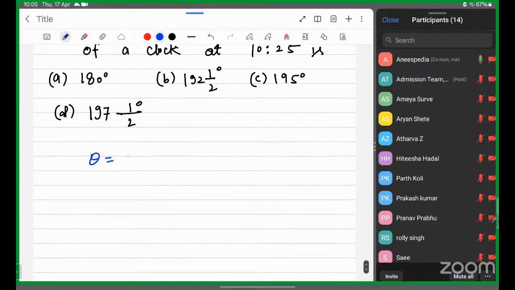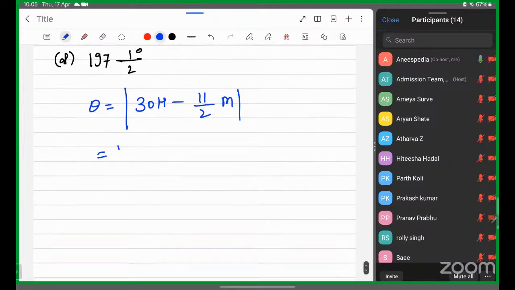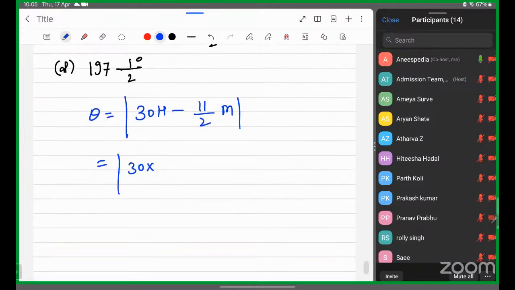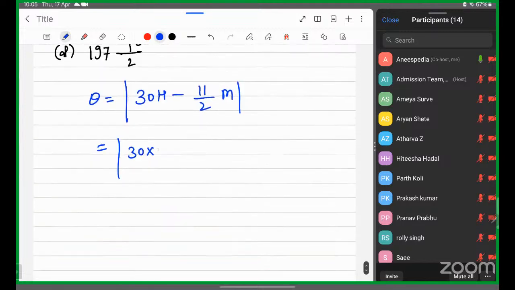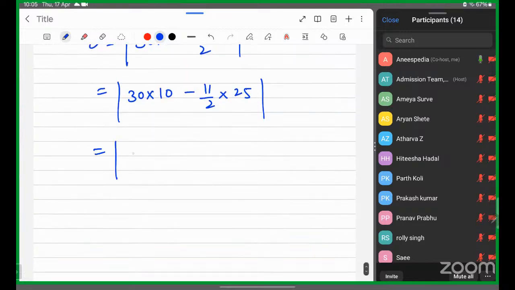Angle will be 30 into 10 hours minus 11 by 2 into minutes. This is 10:25. 11 by 2 into 25. So this will be how much? 300 minus 25 into 11 will be how much? Sir, 275.